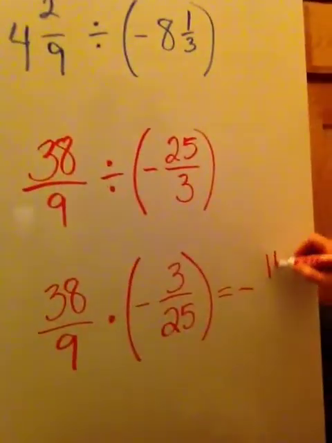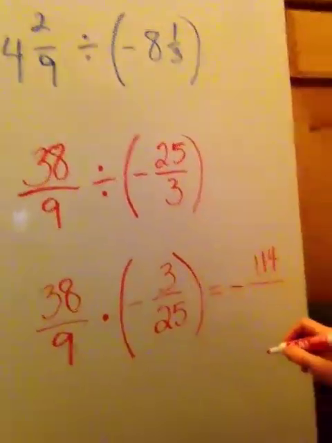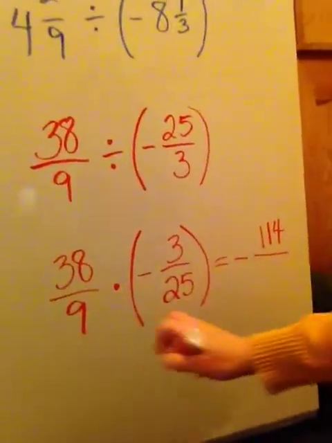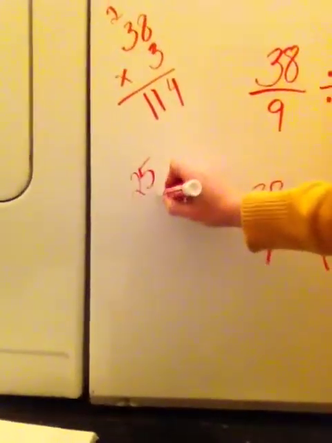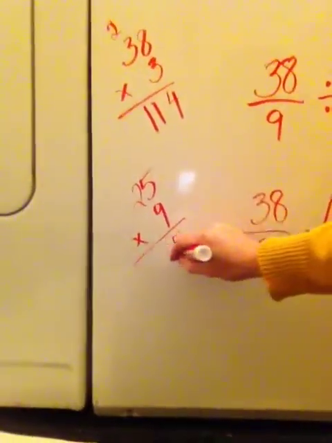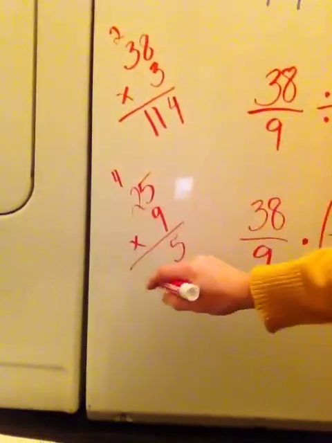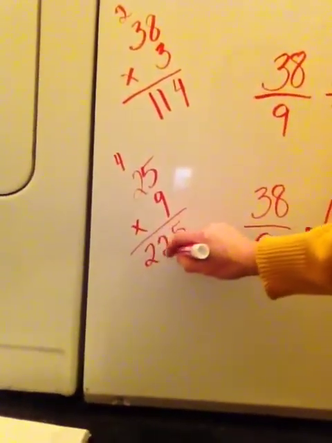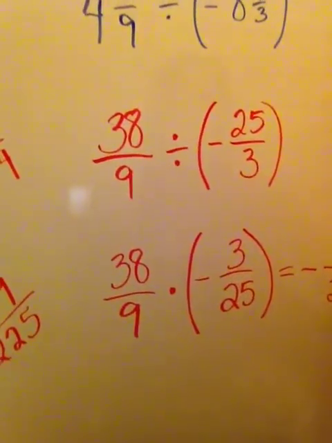So I get 114 over, okay, I've got 9 times 25. I'll do that over here to the side. 25 times 9. 9 times 5 is 45. 2 times 9 is 18, plus 4 is 22. So I end up with 225.